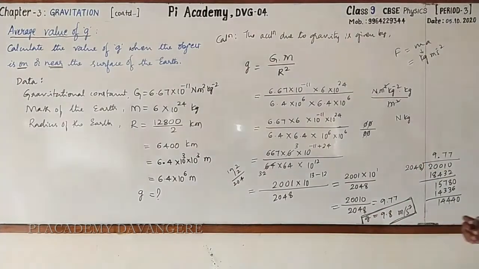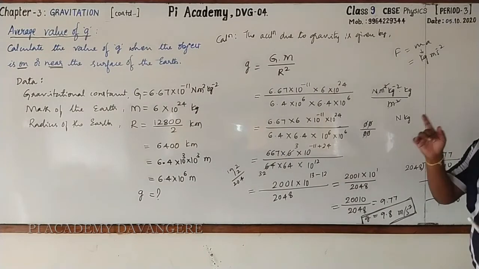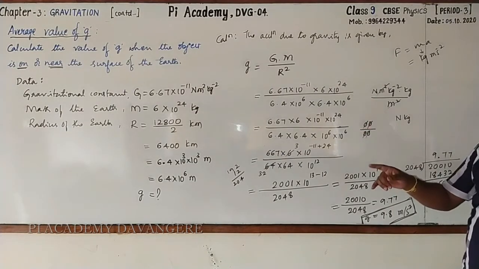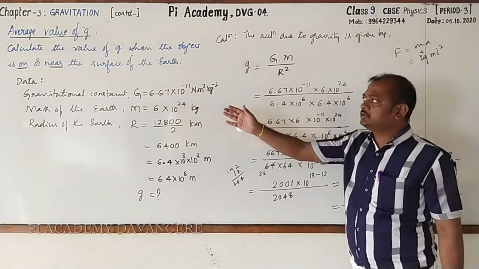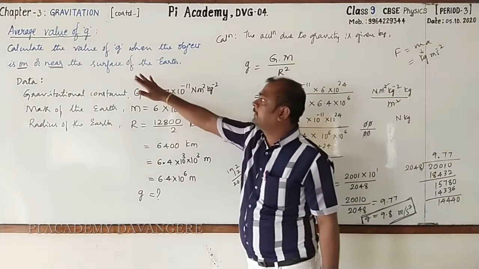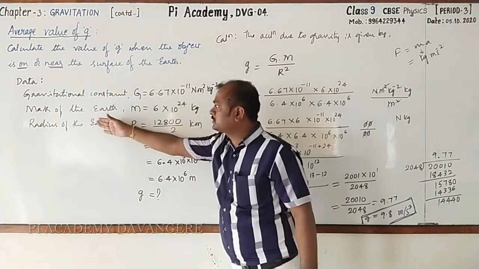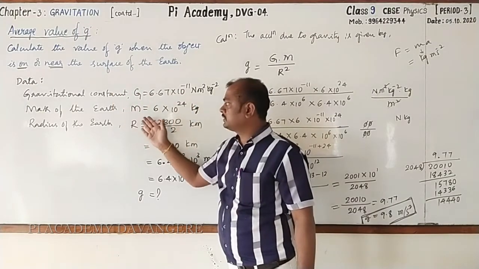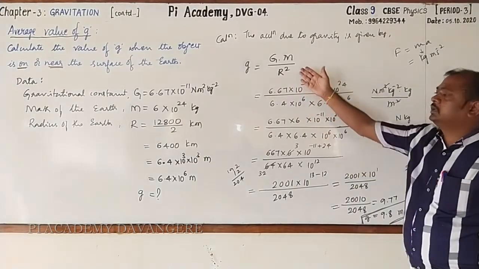This is the average value of g on the surface of the earth, but it differs from one place to another place. How? That will be explained now. Listen to me carefully. They have asked you to find out the average value of g. You must know the gravitational constant value, mass of the earth and radius of the earth, and substitute all of them in the formula.